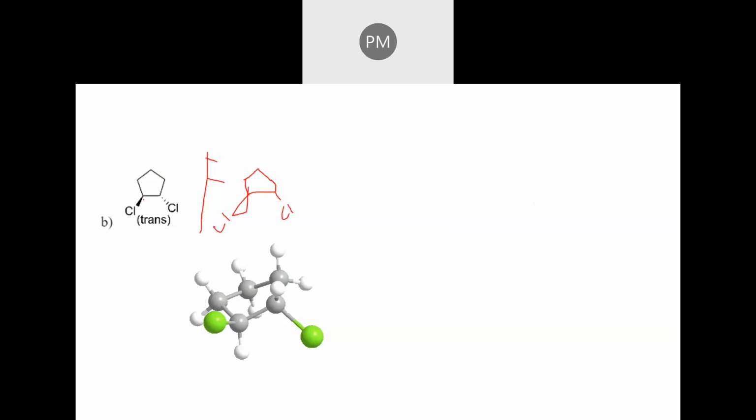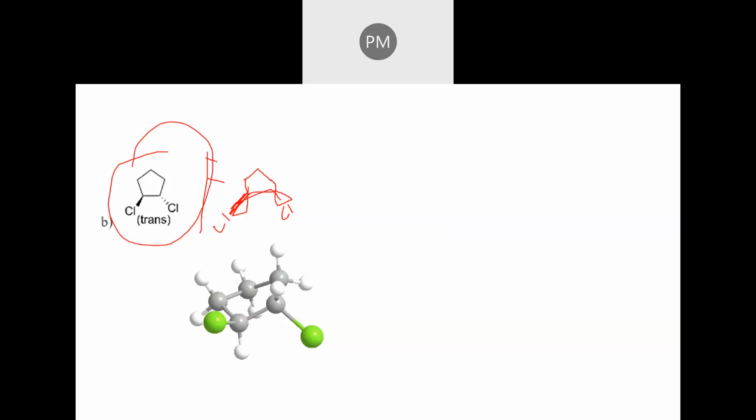So if we place this molecule, oh sorry, I have drawn this dotted and this one above. What will happen in that case? These are not superimposable on each other. So these molecules would be chiral molecules.